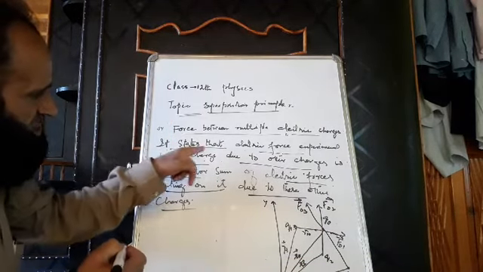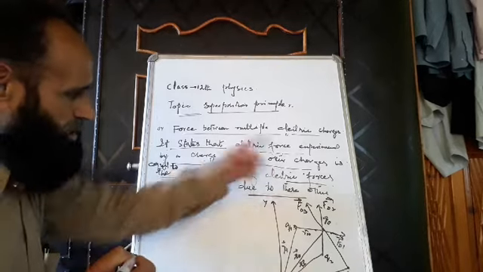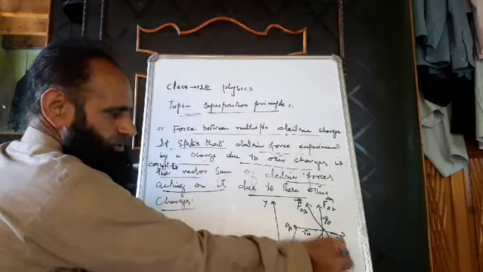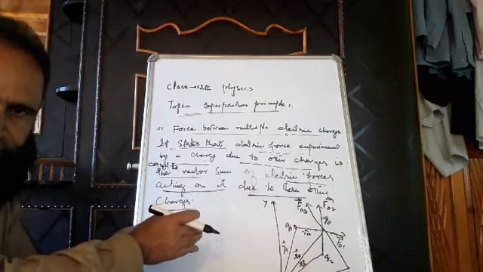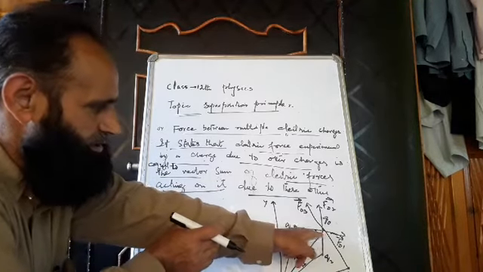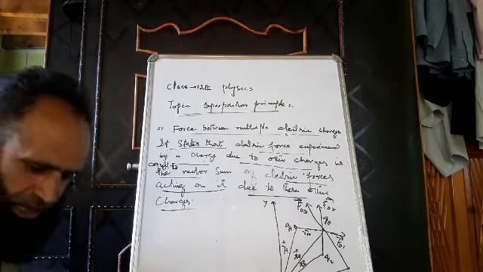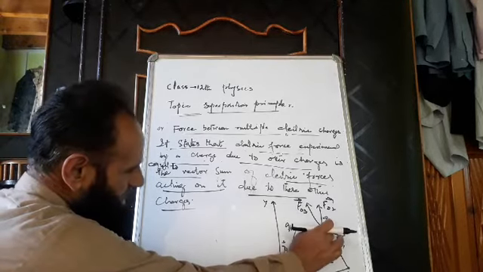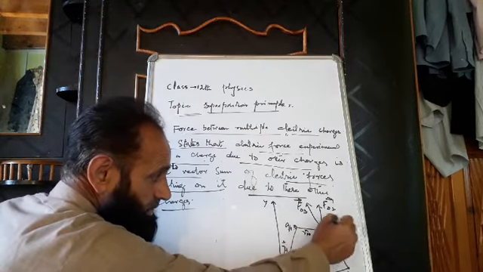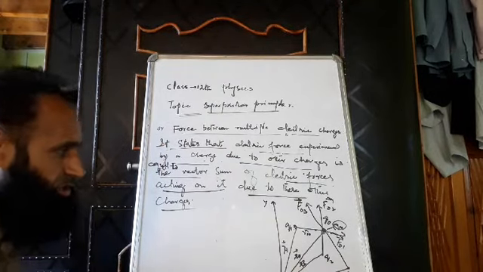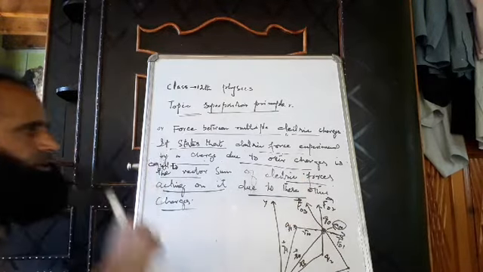The statement is that the electric force experienced by a charge due to these other charges, the force experienced on this positive charge Q0, called F0, is equal to the vector sum of all these forces acting on that particular charge.